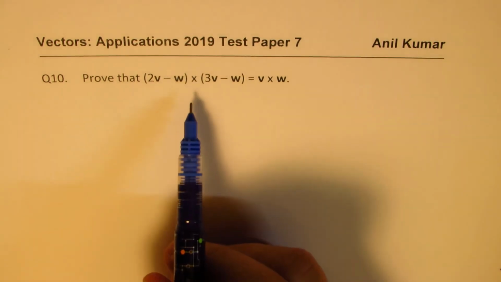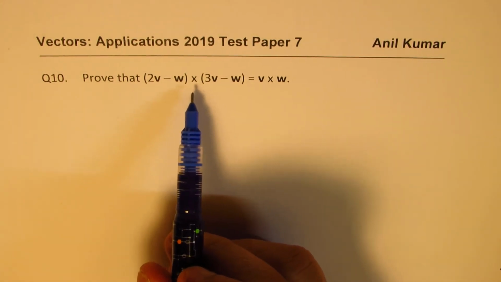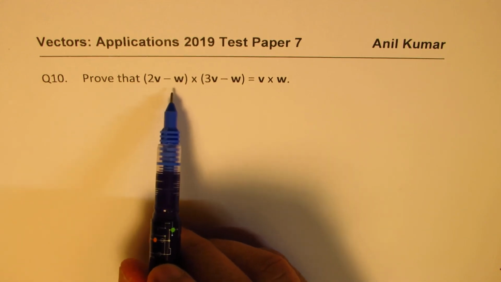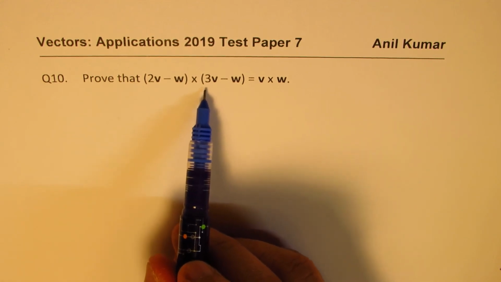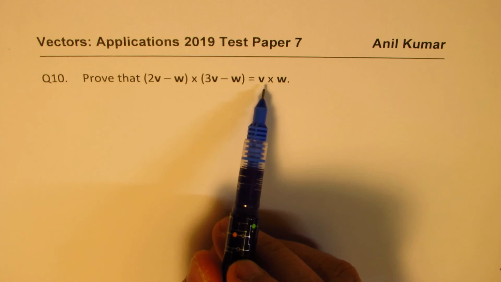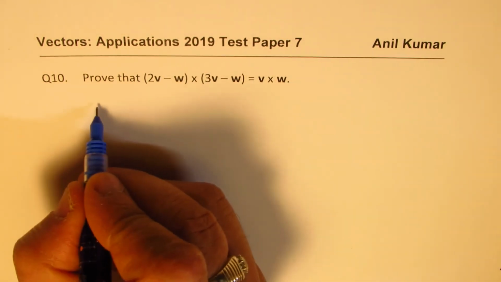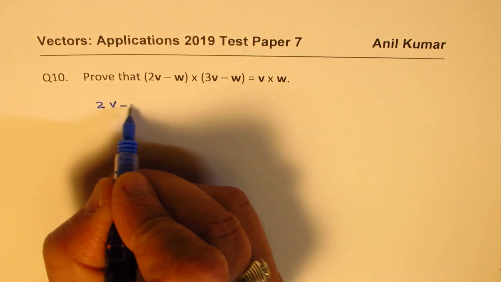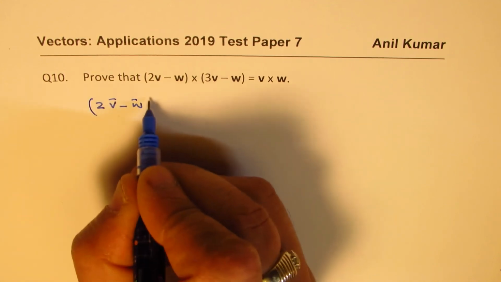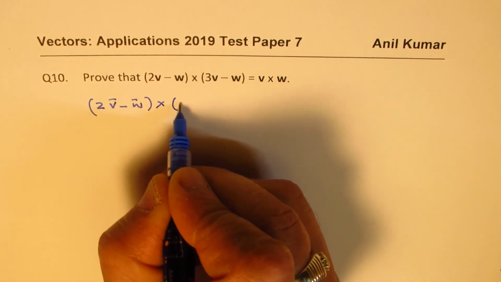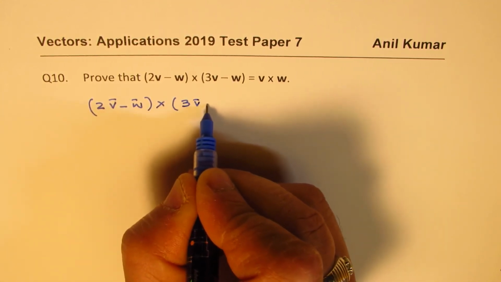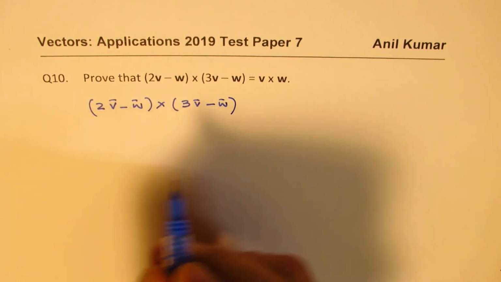So this is the last question. It's based on the algebra of cross products. We need to prove that 2V minus W cross 3V minus W is the cross product of V and W. So let's do our math. We have 2V minus W, where V and W are vectors, and we want to do the cross product with 3V minus W, correct?